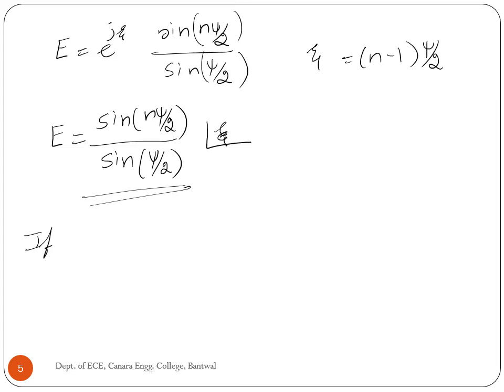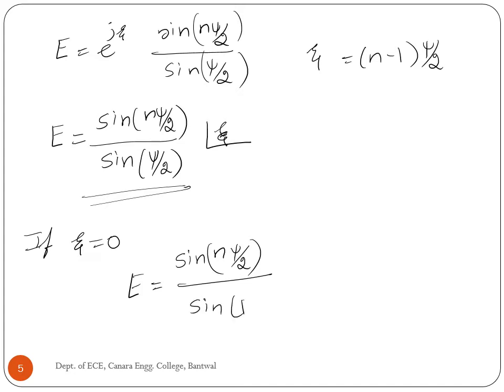If zeta equal to 0, total field intensity is sine of n xi by 2 divided by sine of xi by 2.